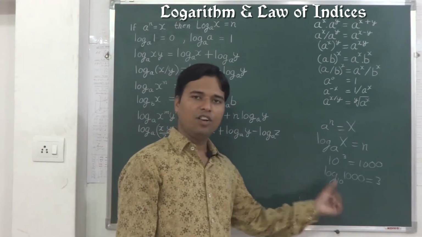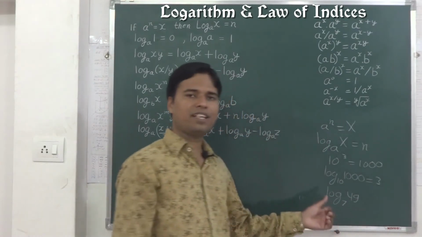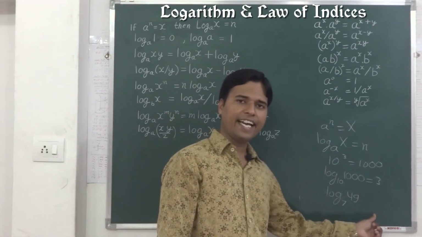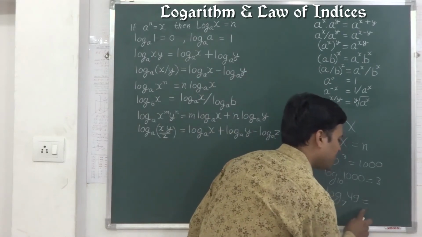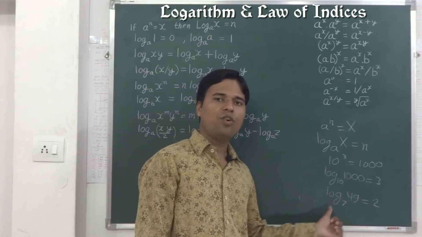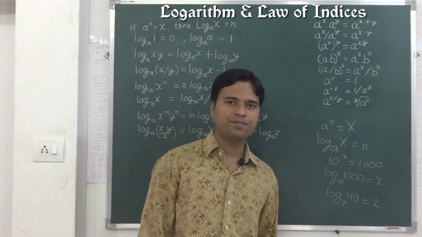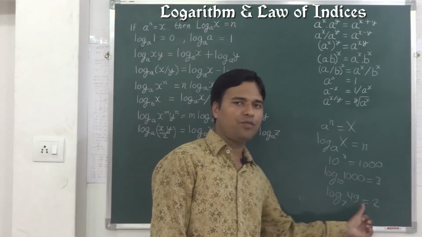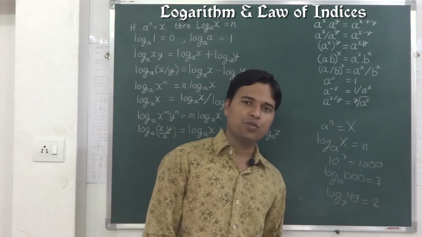That is the logarithm. If we want the logarithmic value of 49 with base 7, then we must have the power value 2. So log 49 base 7 is equal to 2.